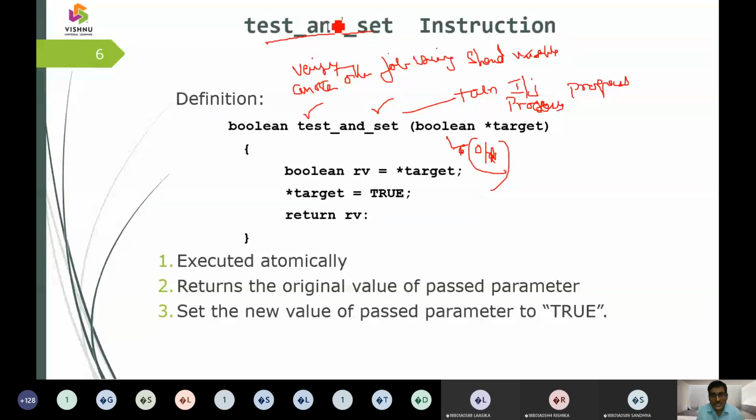So what does this test and set function do? It executes atomically, then it returns the original parameters, and third, it sets the state as true. It takes which job it is, the target job, whether it is PI or PJ, and what the target item is, whether it is 0 or 1.